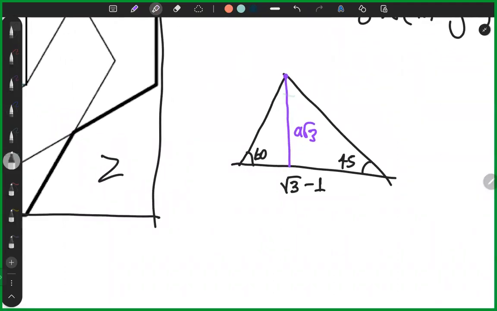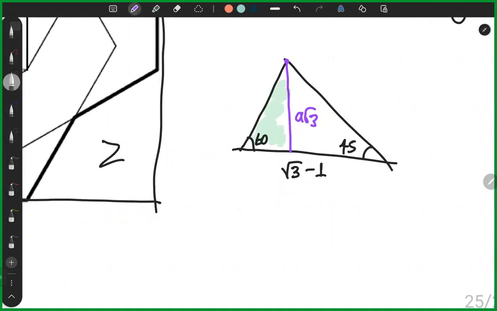So this green triangle is a 30-60-90 right triangle, so this side here should be A. And this yellow triangle here is a 45-45-90 isosceles right triangle, so this part should be A√3.